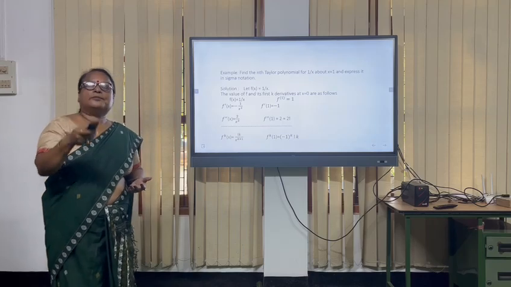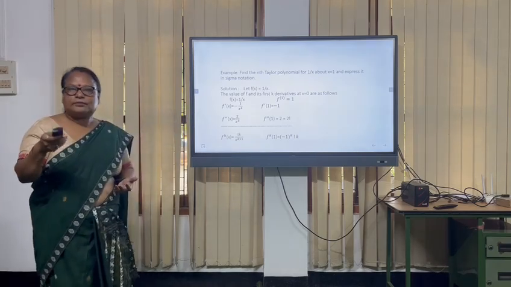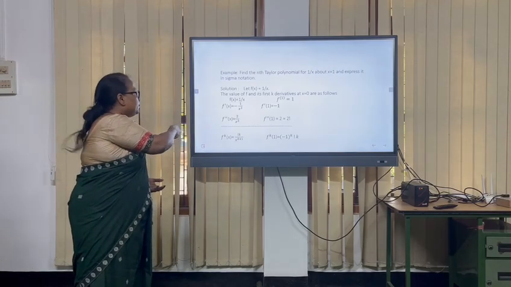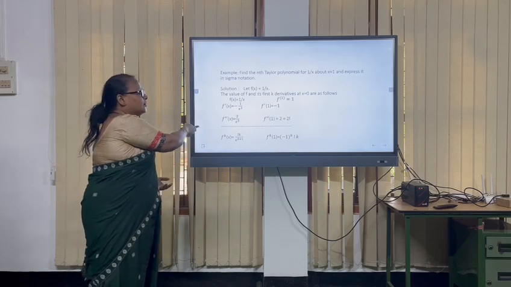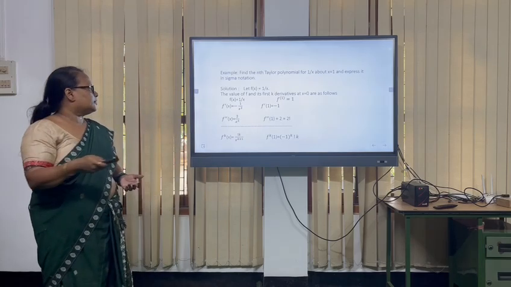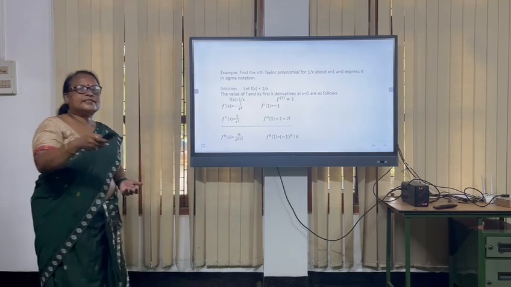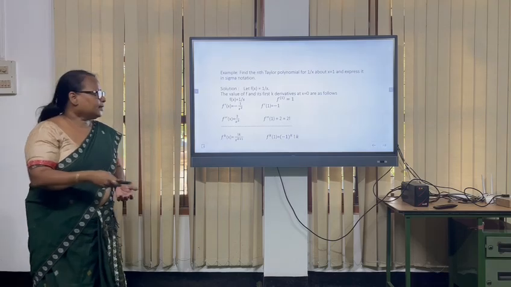And the number 2 can be expressed in factorial notation. 2 factorial means 2 into 1. And we have so many derivatives: third derivative, fourth derivative, up to the k-th derivative. The last derivative we can write as f to the power k of x, meaning k times derivative of the function f(x) equal to 1 by x.